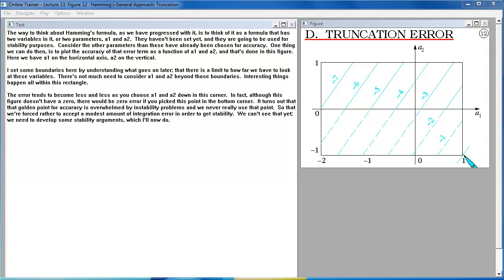In fact, although this figure doesn't have the 0, there would be 0 error if you pick this point in the bottom corner. It turns out that that golden point for accuracy is overwhelmed by instability problems, and we never really use that point, so that we're forced rather to accept a modest amount of integration error in order to get stability. We can't see that yet. We need to develop some stability arguments, which I'll now do.